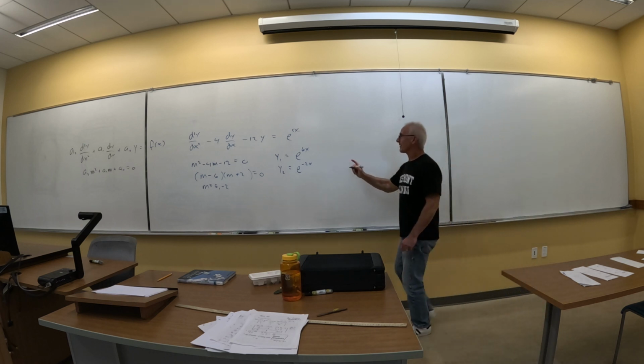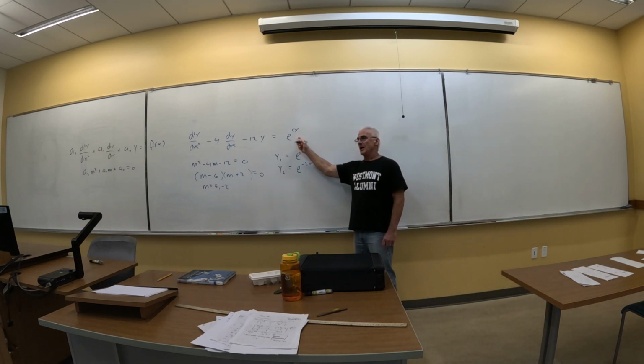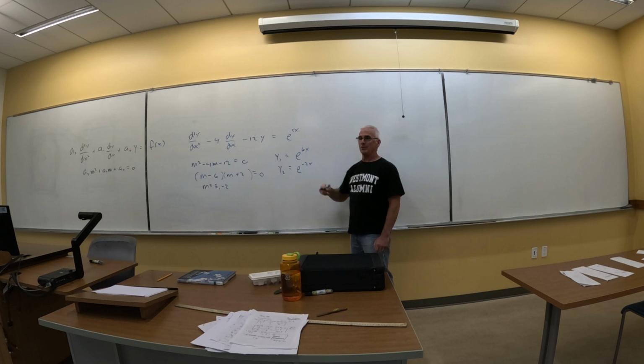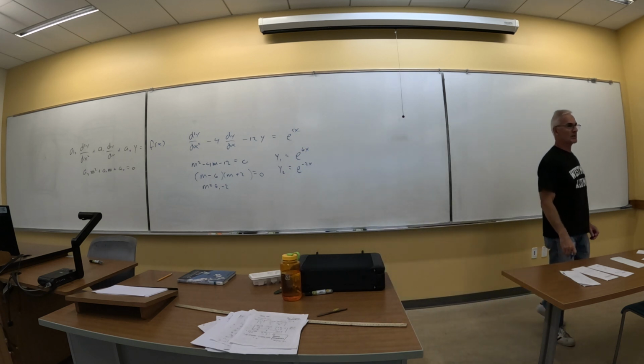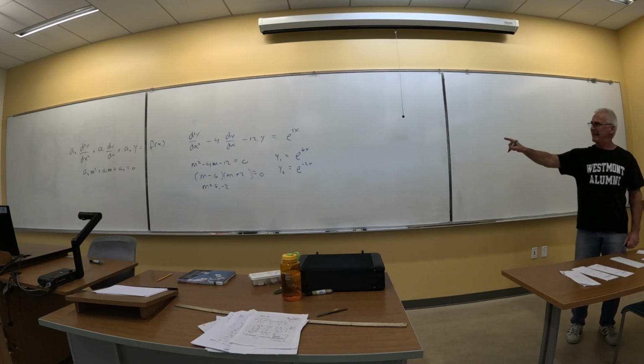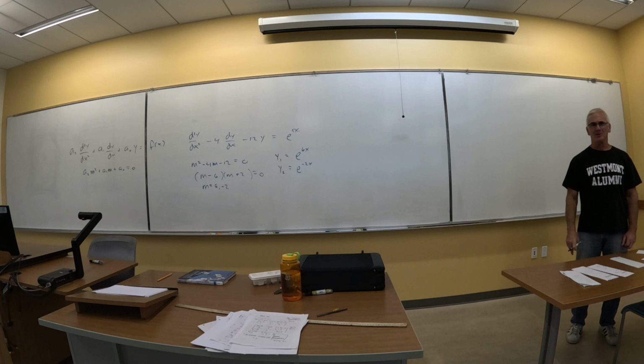Now, what's going to solve this problem? Well, I'm not a rocket scientist, but I play one on TV. So I'm guessing y is going to look a lot like that. In other words, how can I possibly combine or cancel anything that gives me an e to the 5x unless I'm using e to the 5x?